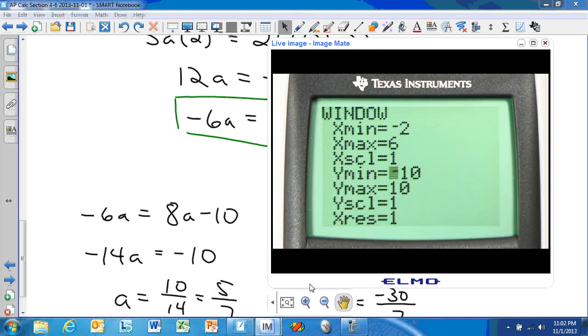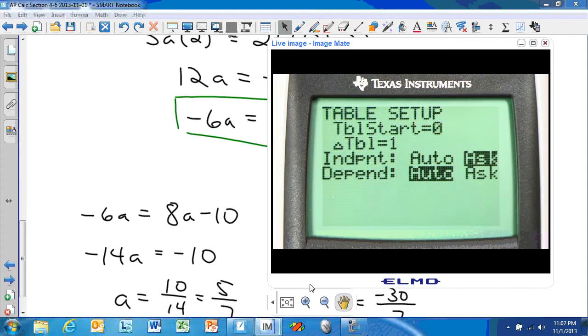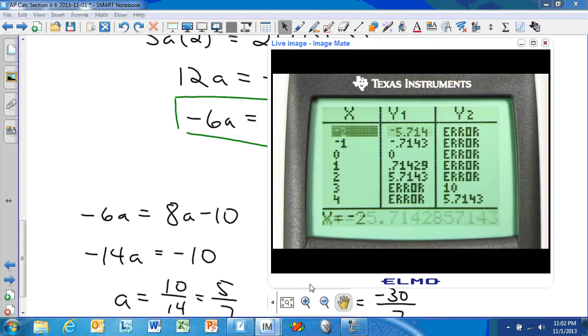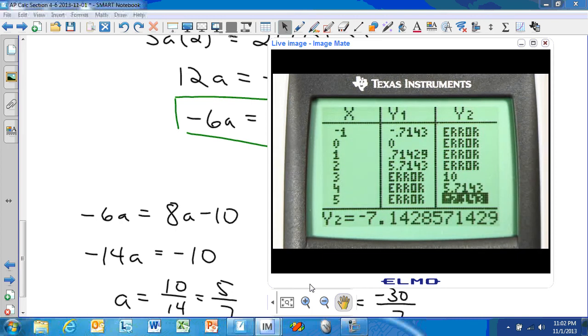I don't really know what the best choice here for y is, so let's use our table to help us out. We'll start at negative 2. I'm going to put this back into ask mode, and we'll have it changed by 1. So it looks like we're at negative 5, negative 0.70. So we start a little bit negative, and then it increases up to almost 6. And on the y2, it starts at 10 and starts coming back down to negative 28.